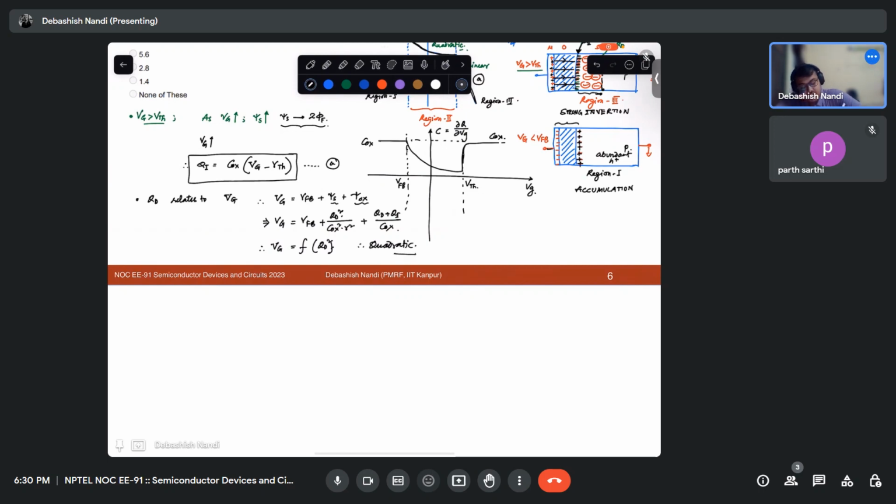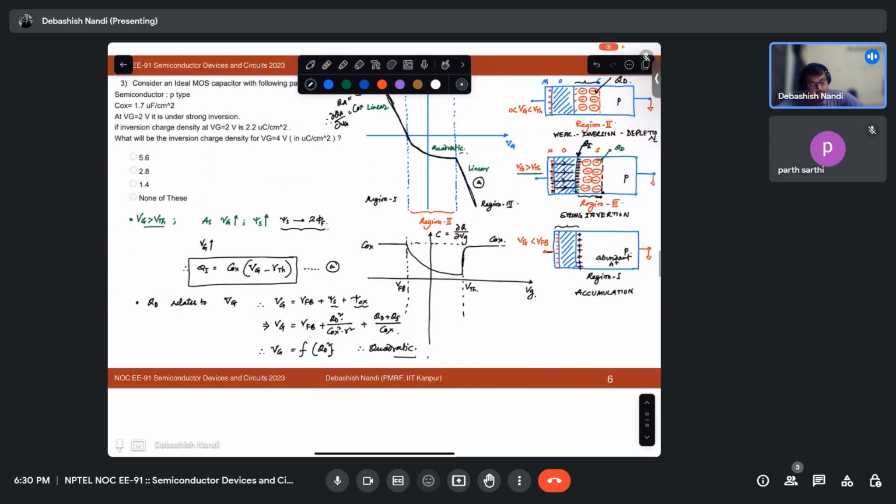If you plot Qd as a function of Vg, it will show this kind of quadratic nature. And when you take the derivative of that, you will find this kind of nature, and then these lines are just constant lines. This will be Cox and Cox. This is how the CV curve of the MOS cap comes, okay?